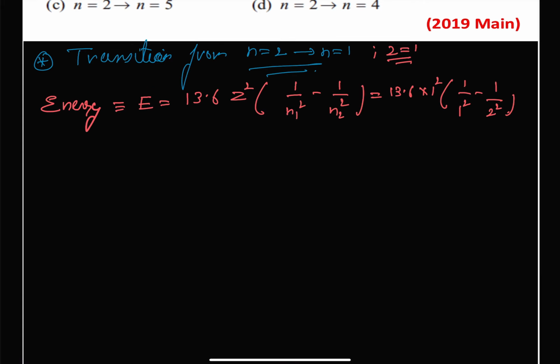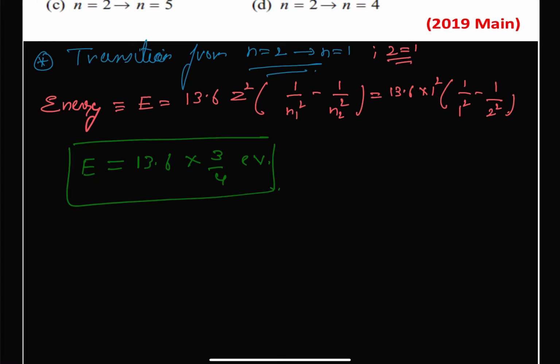So the energy is approximately equal to 13.6 multiplied by 3/4 electron volt.